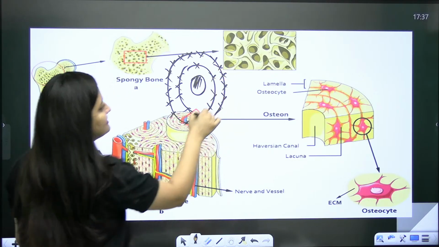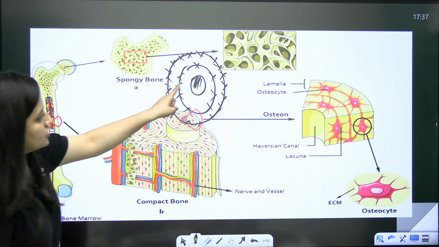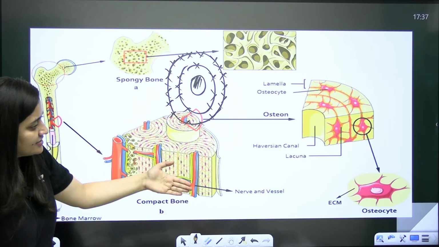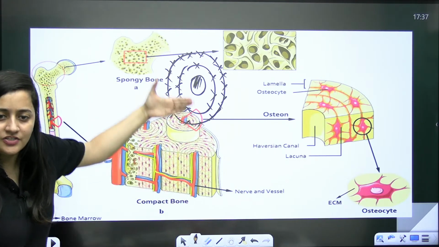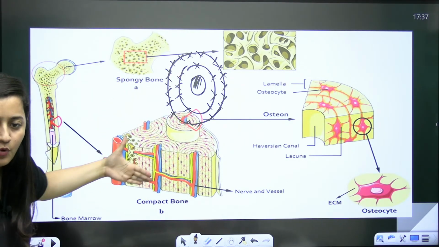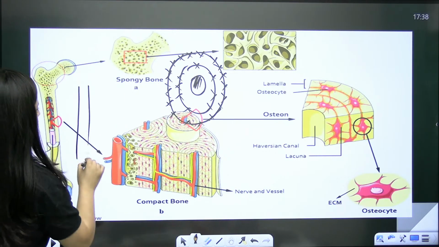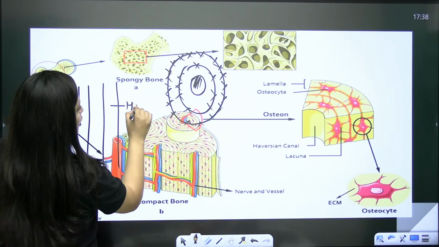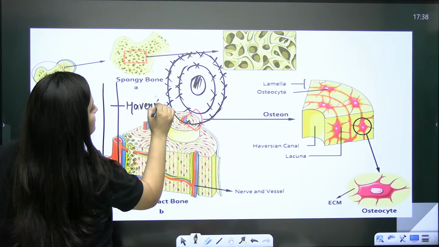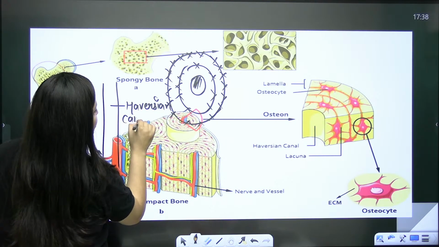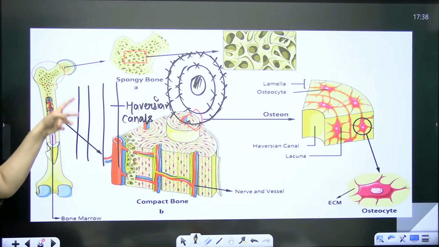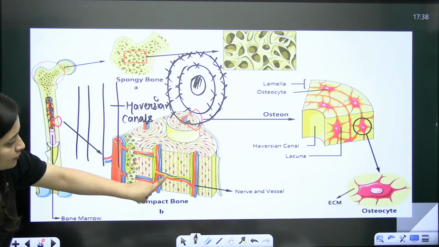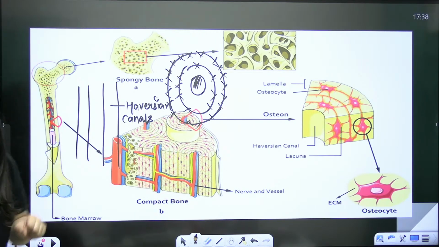Just look at this longitudinal part of this bone. In the bone, you will see such longitudinal canals. We call them Haversian canals. And here you will find the nerve supply and the blood vessels, of course.